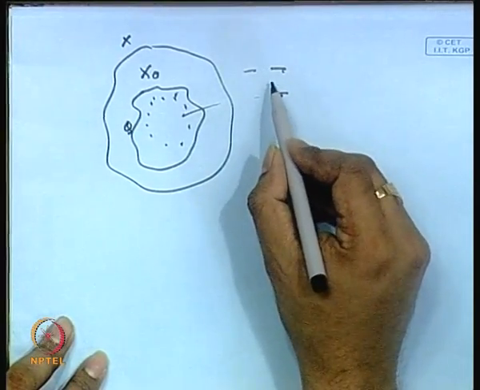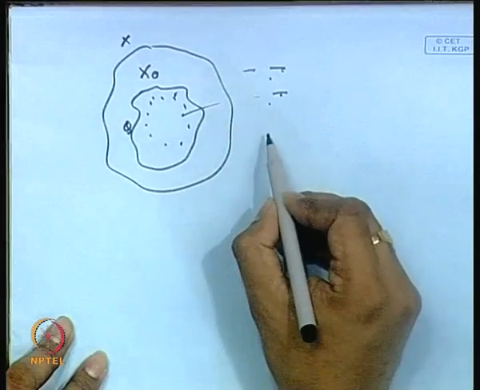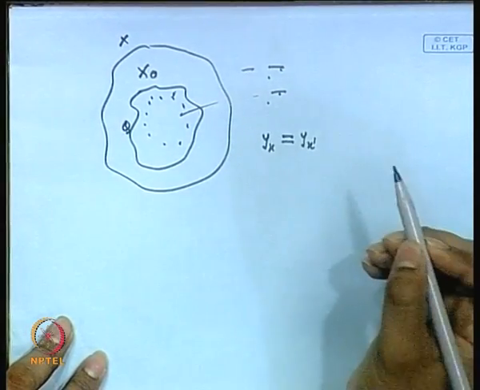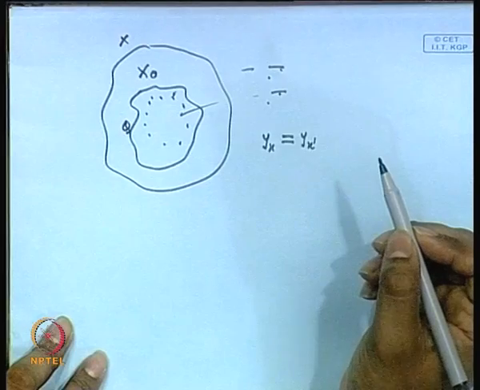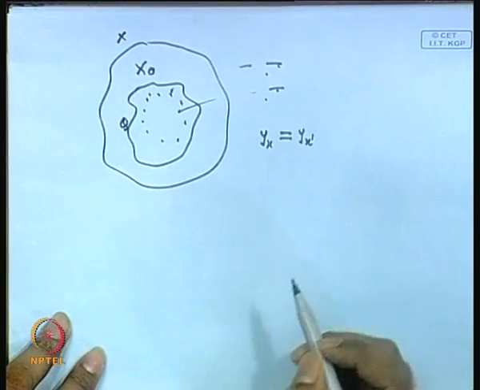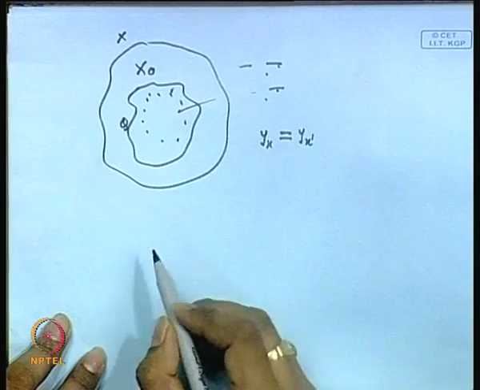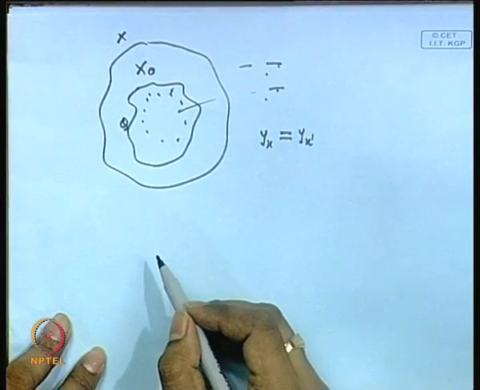But what you are essentially doing is trying to determine whether there are two values, say yx and yx dash, which are the same for different x and x dash values. So what is the probability of this being true? Let us see what is the probability of this not being true.